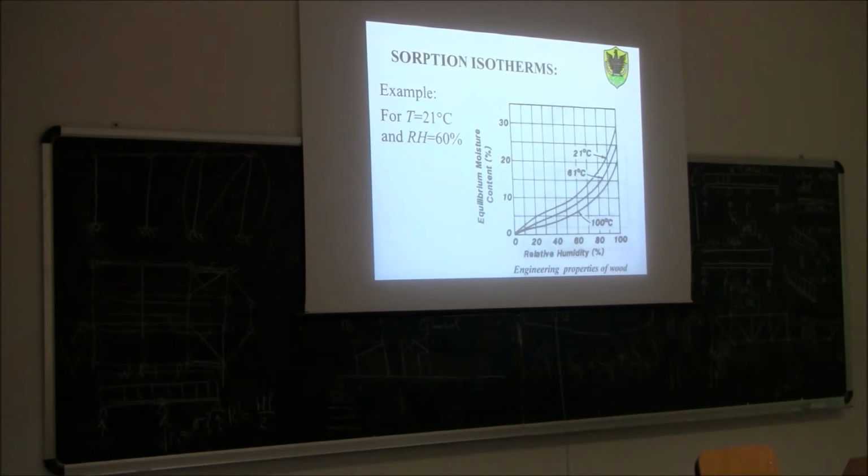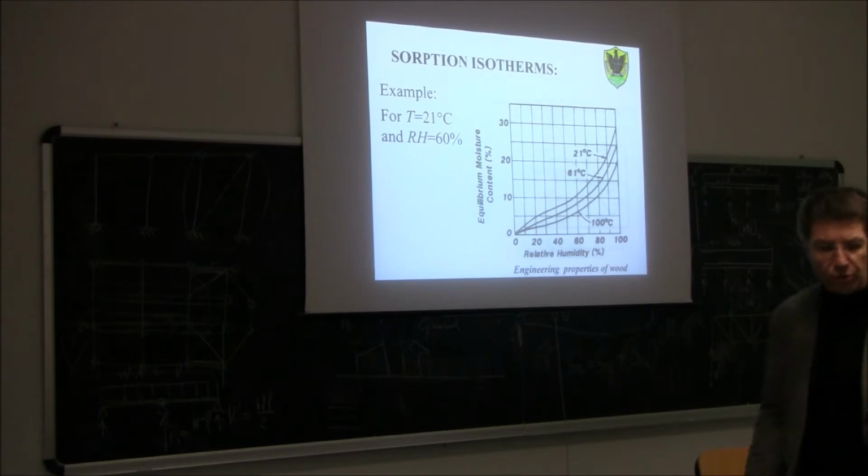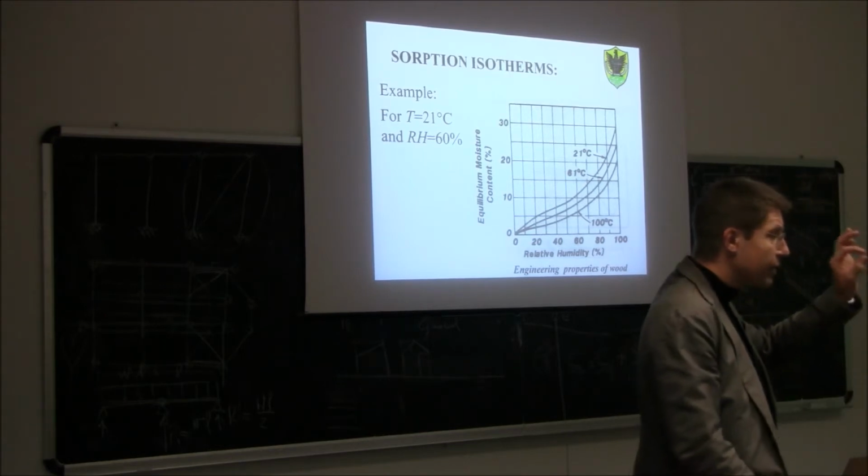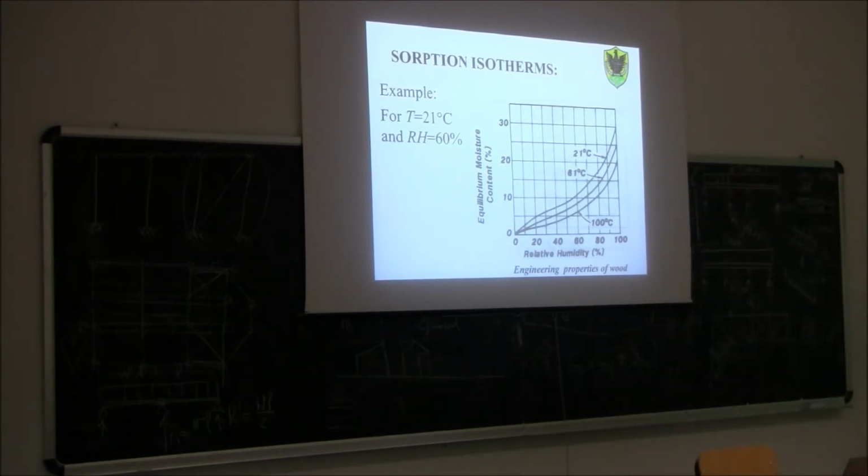There are some diagrams like this that show the dependency of the equilibrium moisture content of wood upon the relative humidity and the temperature. So the idea is that the equilibrium moisture content is the value of the moisture content that is going to occur in a very small piece of wood surrounded by an environment characterized by a certain relative humidity and a certain temperature.